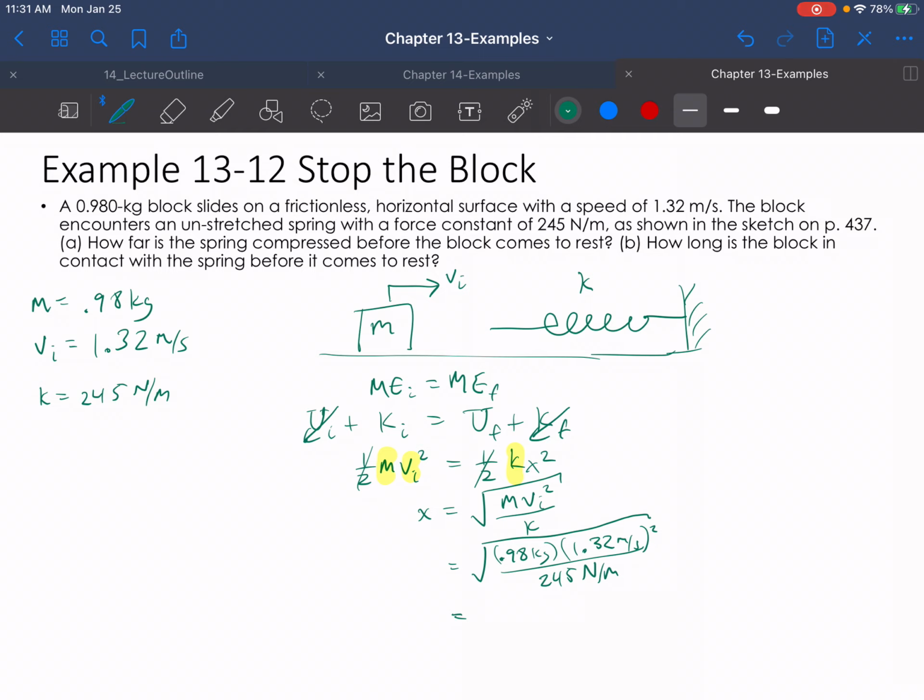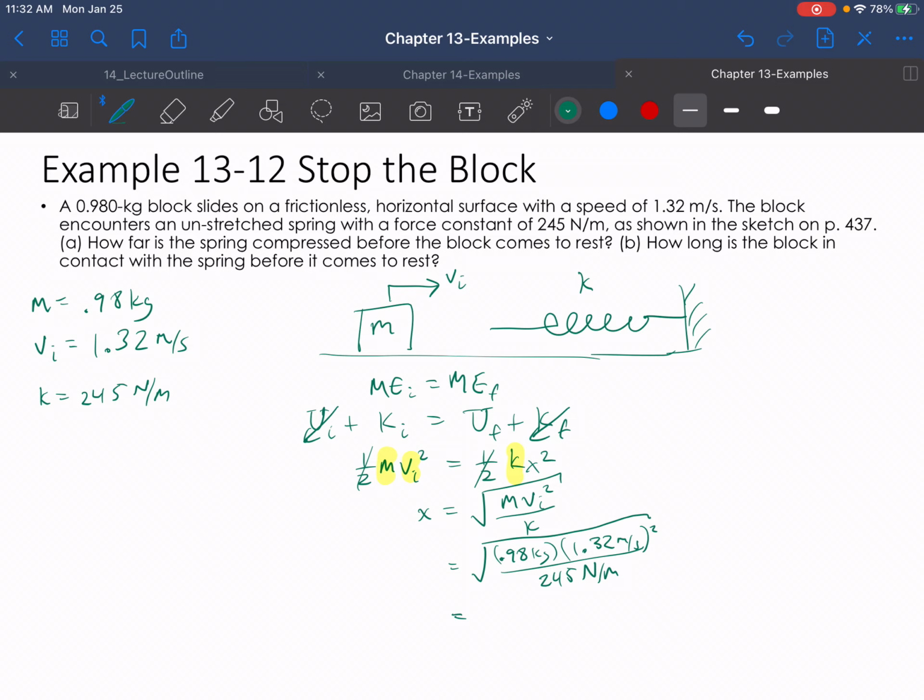If we go ahead and do that, the meters will cancel out, so that newton per meter on the bottom is a kilogram per second squared. We have a kilogram per second squared in the numerator there inside the square root, so that'll cancel out, and we'll be left with just meter squared under the square root.